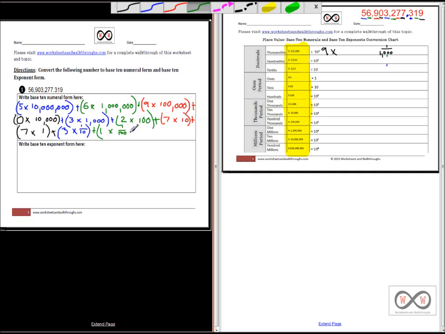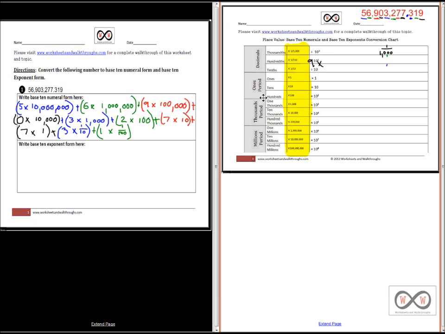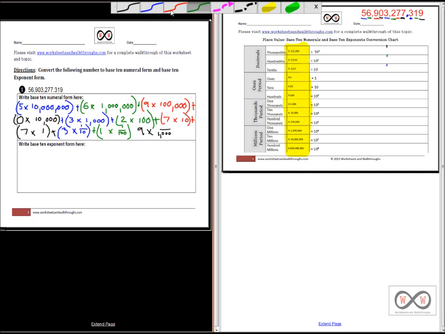Notice there are plus signs between all of these values. Then we'll move on to our next digit. Our 9 was worth 9 times 1,000th. There we go. And there you have it.